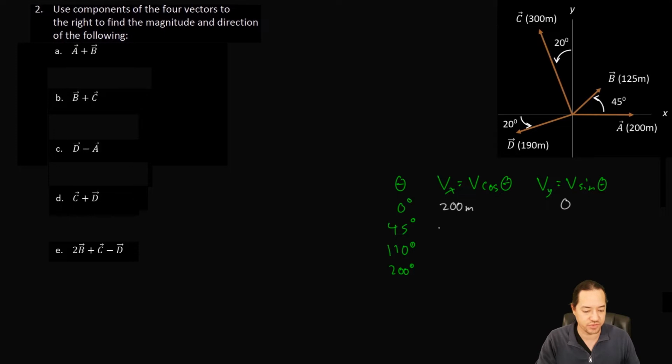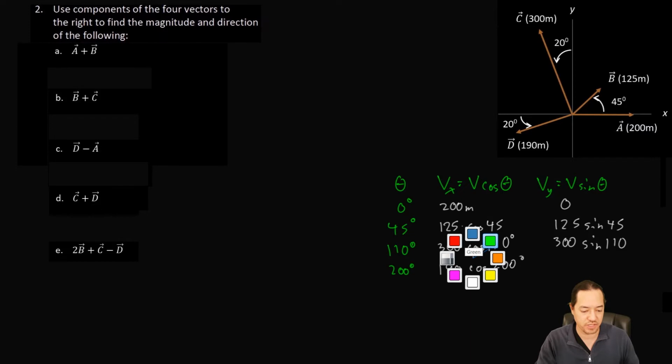For B, this is going to be 125 times cosine of 45 and 125 times sine of 45. For C, this is going to be 300 meters times the cosine of 110, and 300 meters times the sine of 110. And finally, for D, this is going to be 190 meters times the cosine of 200 degrees.